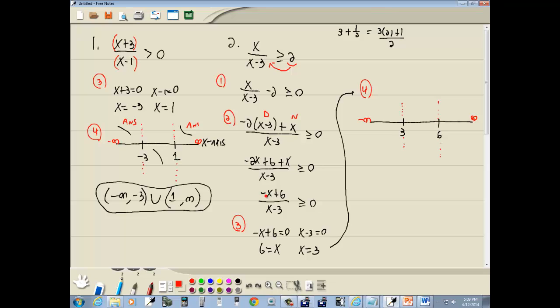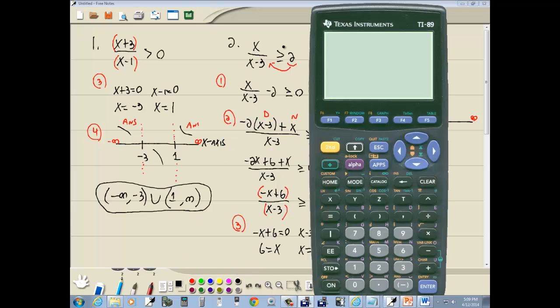Remember our key to this: if you got more than a single variable on top or bottom, you put parentheses around that part. So put parentheses around the top, parentheses around the bottom. So let's go see what that looks like. I'm going to do diamond F1, up arrow, clear on Y1.